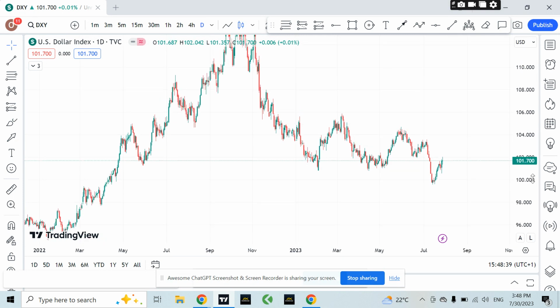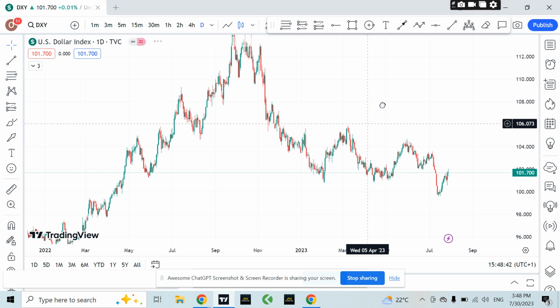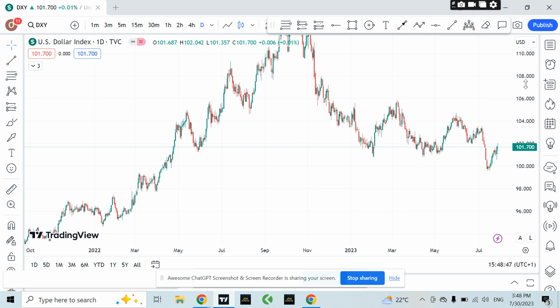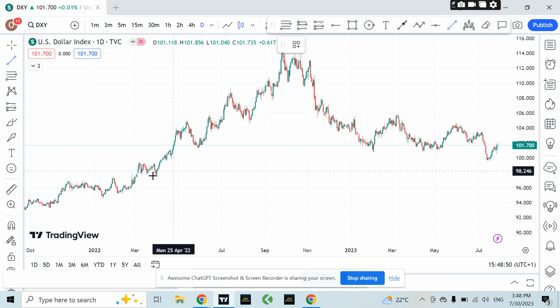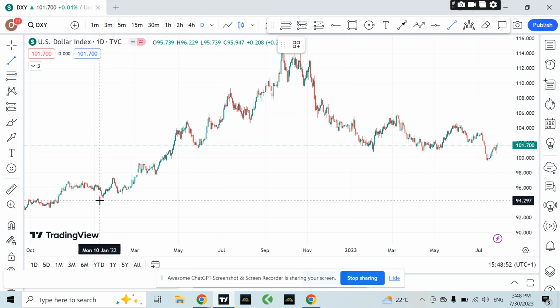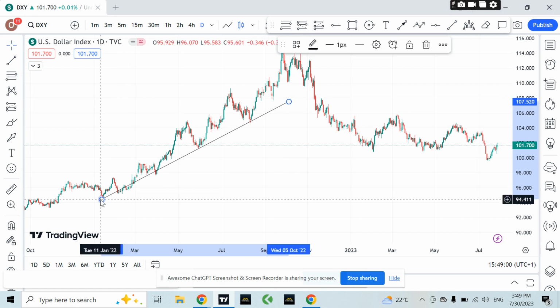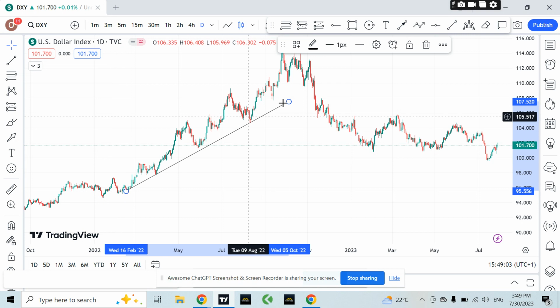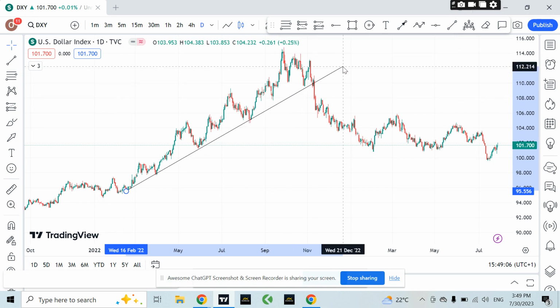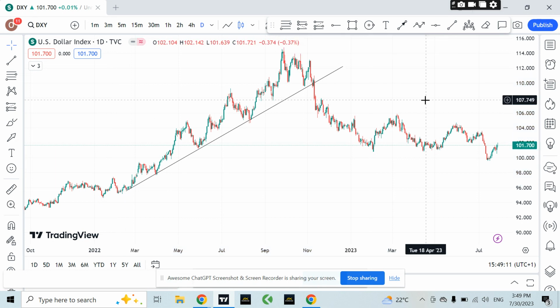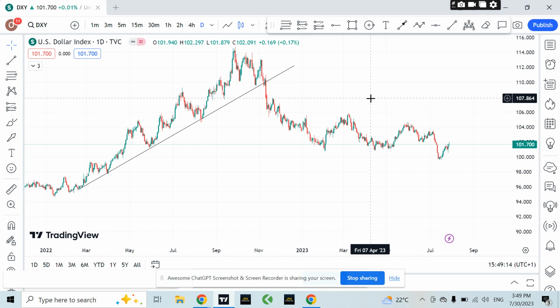If we look at it precisely, we'll see that the market was first of all in an uptrend move, creating a series of higher highs and higher lows, and later on broke out of this trend line, reversing to the downwards move, telling us that now sellers are in control.